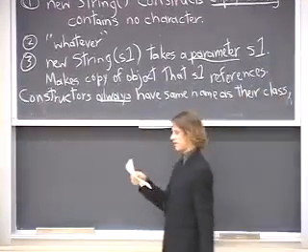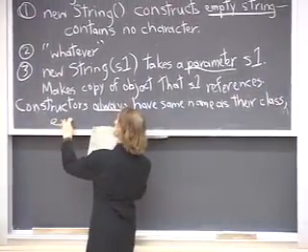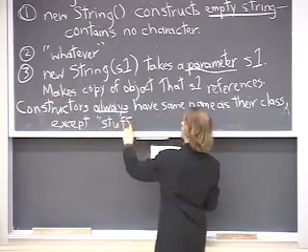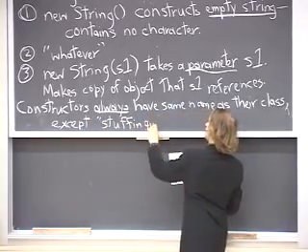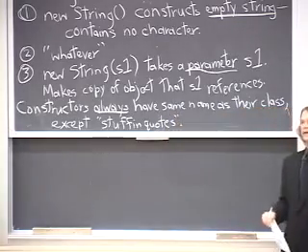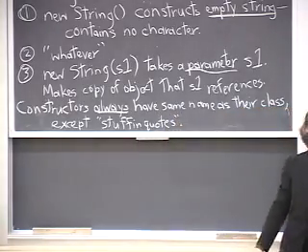Except for that very magical exception when you put stuff in quotes. And Java magically makes a string for you. That's pretty much the only exception we're going to need to worry about this semester.